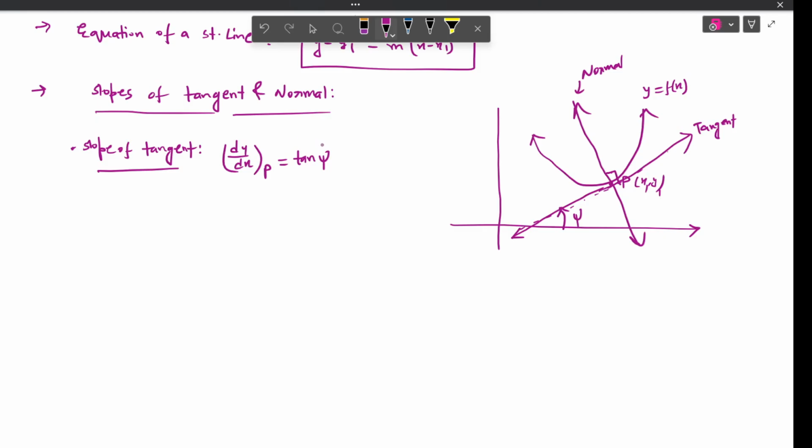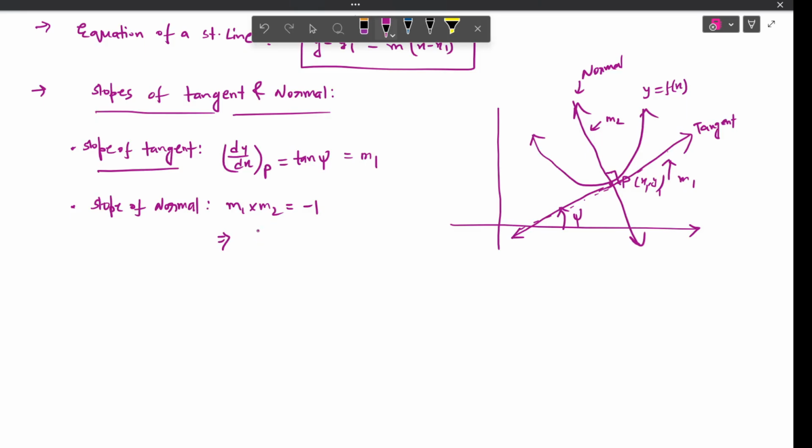Now if this tangent and normal are both perpendicular, then let us say the tangent has slope m1 and the normal has slope m2. So m1 into m2 should be minus 1.